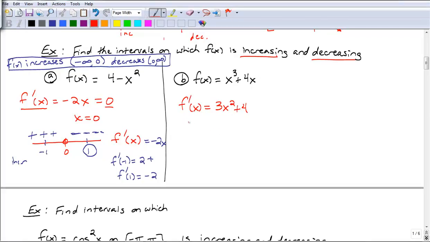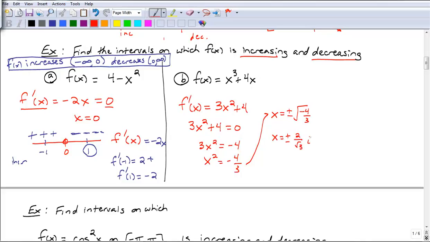I just have to figure out where the derivative is 0, and then I can test around it. So I get 3x squared equals -4, x squared is -4/3. When I take the plus or minus square root, I get an i in there. This is 2 over root 3 i.